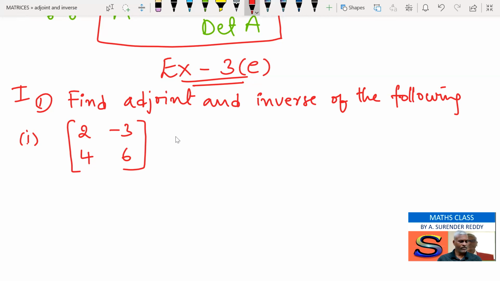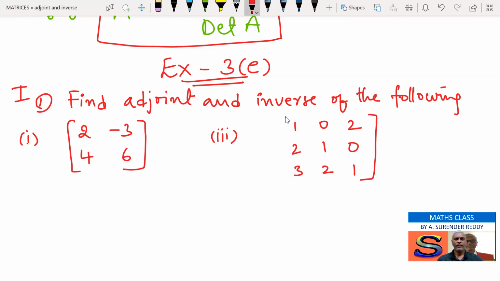So this is one, and I will take third bit, 1 0 2, 2 1 0, 3 2 1.